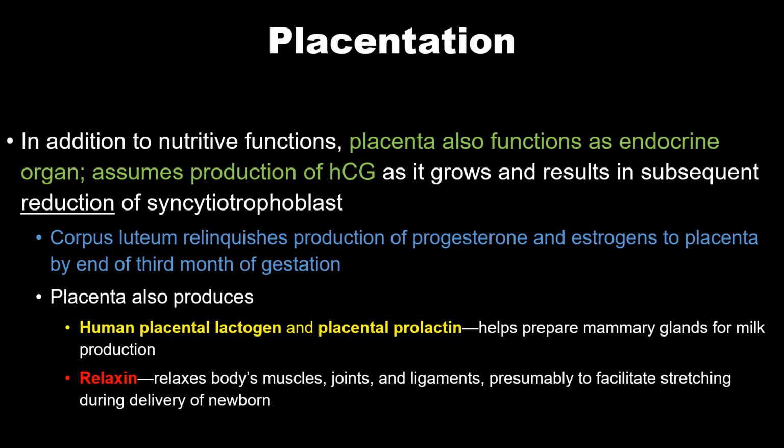The placenta also produces human placental lactogen and placental prolactin, which help prepare the mammary glands for milk production. It also produces relaxin, which relaxes the body's muscles, joints, and ligaments, and presumably this works to facilitate stretching during delivery of the newborn.